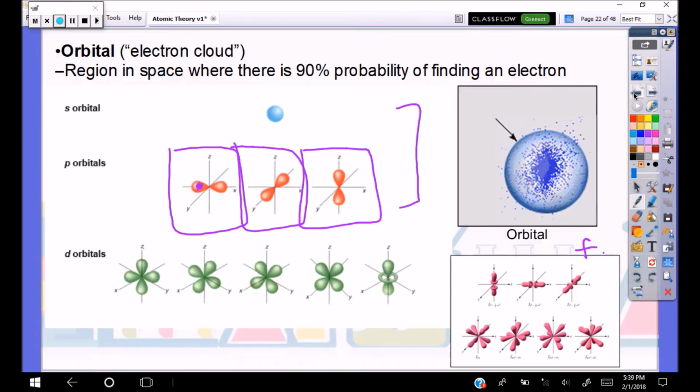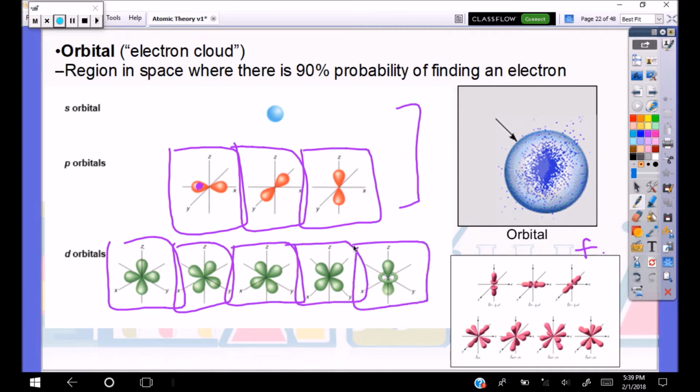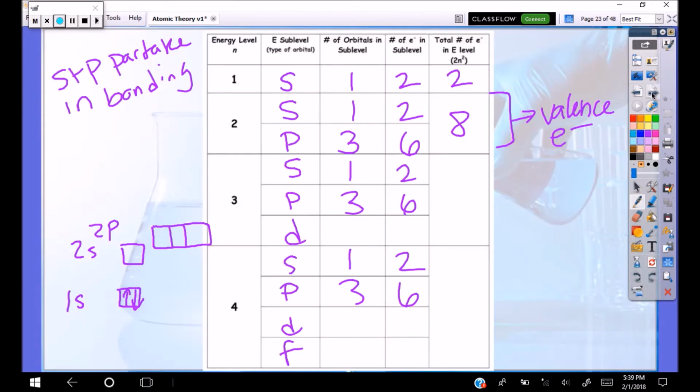D, we've got 5 different orientations, and therefore we have 5 orbitals. And 5 times 2 is 10. 10 possible electrons can be there. We can have up to 18 electrons in that level. Again, we only can have a max of 8 valence electrons, but we do have 10 electrons in that expanded octet for the d orbital.